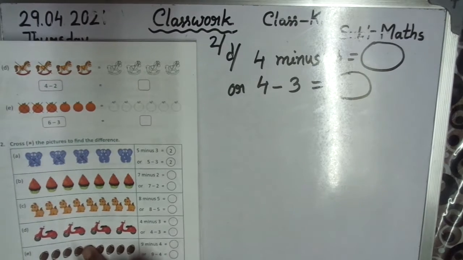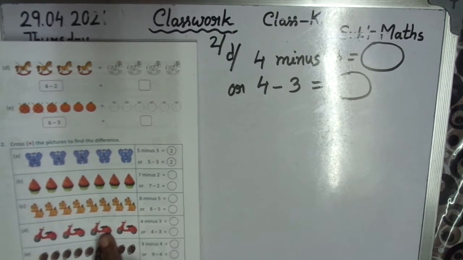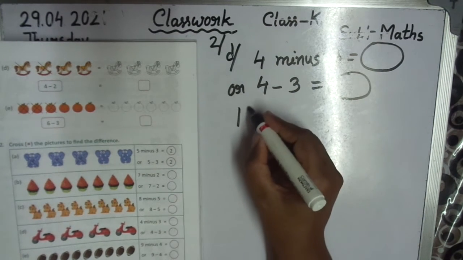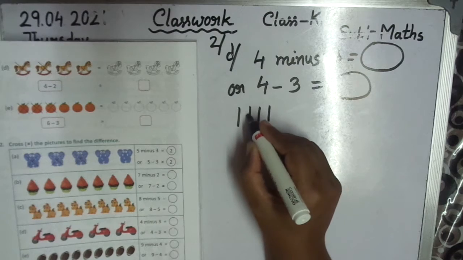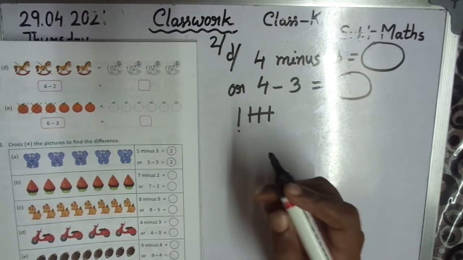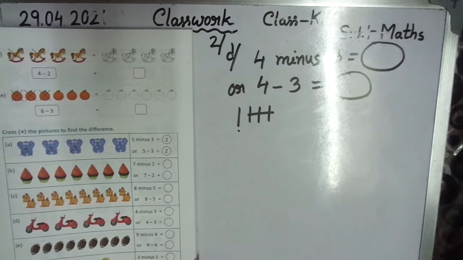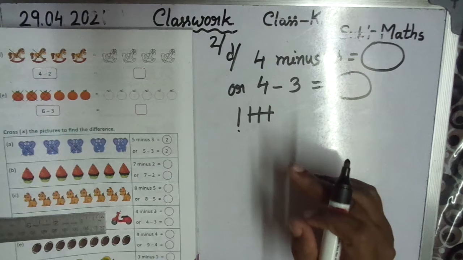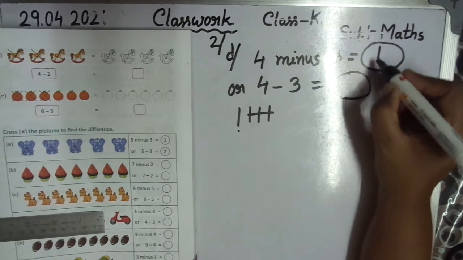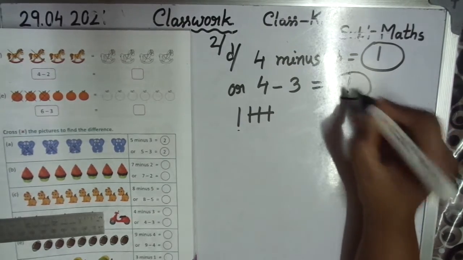See here, scooter 1, 2, 3, 4. So 3 minus, I draw a line here, 3 minus, so left 1. So the answer is 1. See here, same answer.